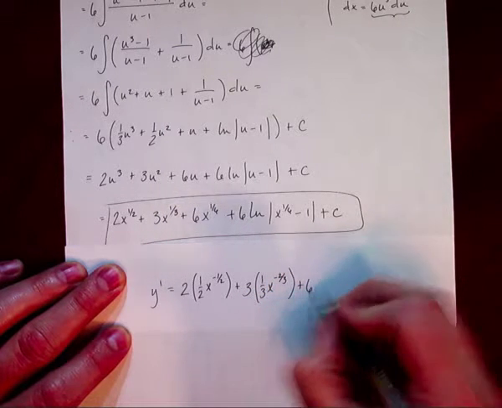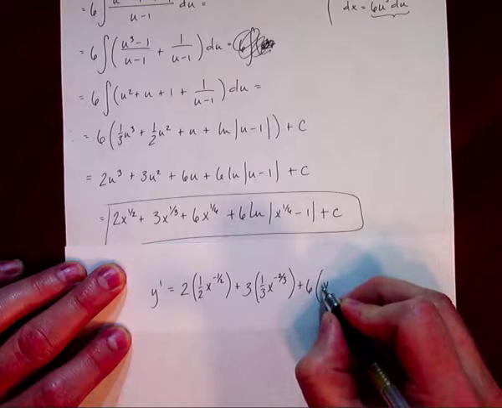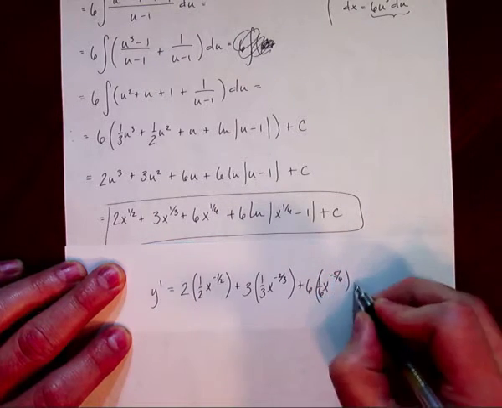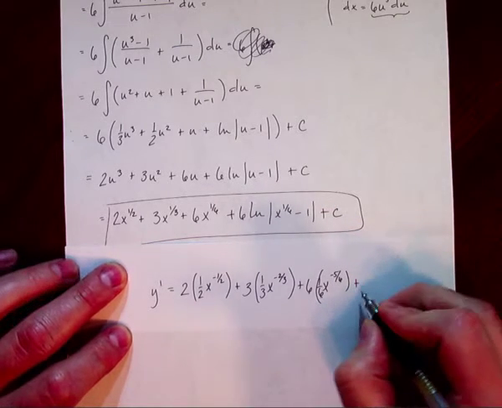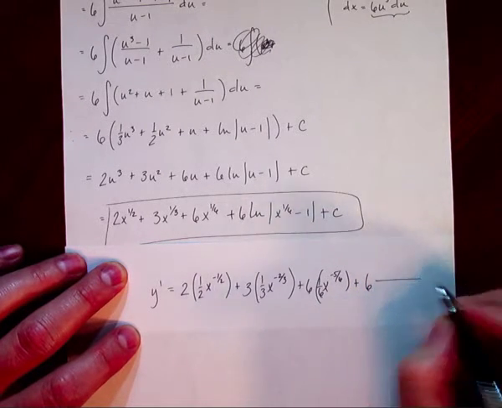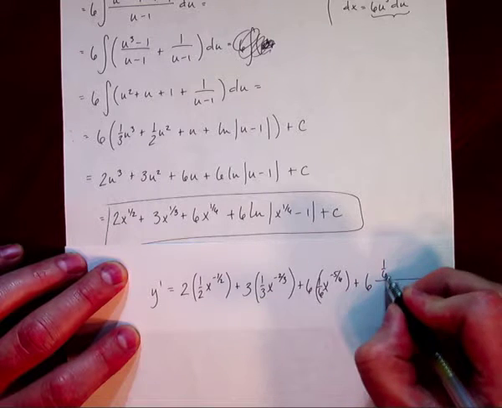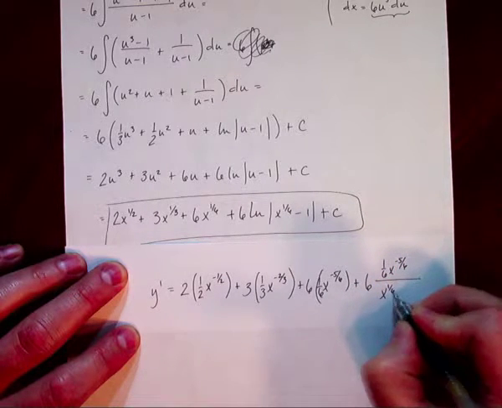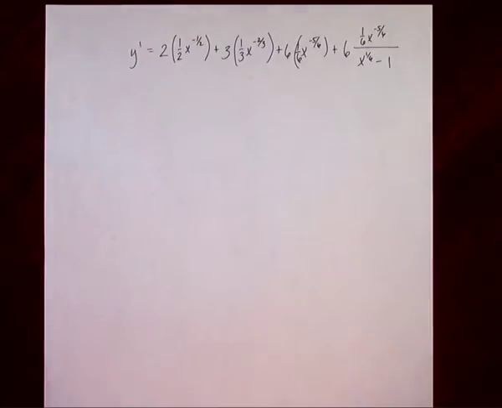The 6 comes along for the ride, and it's 1/6 x to the negative 5/6. And of course, we're going to get 6 times 1/6 x to the negative 5/6 over x to the 1/6 minus 1. And you're skeptical, I can tell, but I'm going to show you.